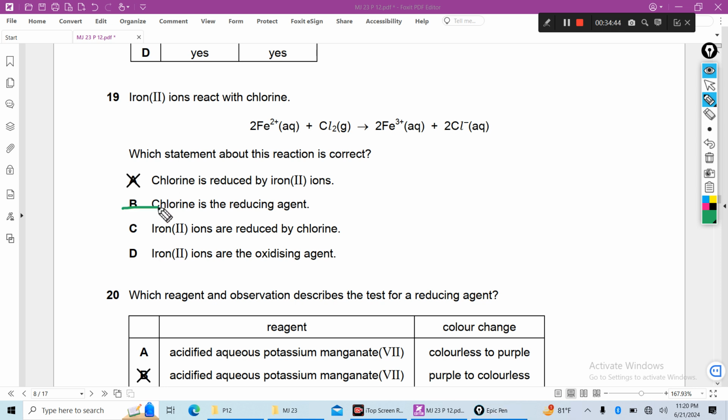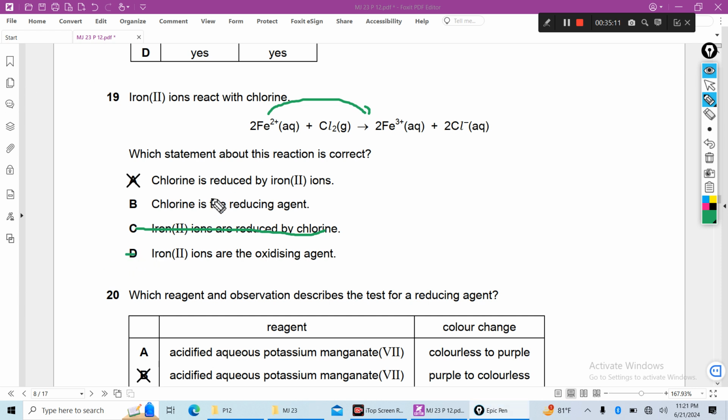Why B is wrong? Chlorine is a reducing agent. No, chlorine is an oxidizing agent, because chlorine oxidizes iron 2 to iron 3. This is wrong. Iron 2 ions are reduced by chlorine. No, this is wrong. Iron 2 ion is oxidized, not reduced. Wrong.